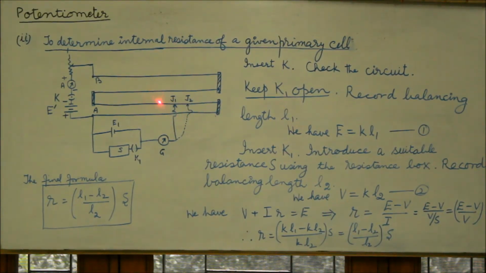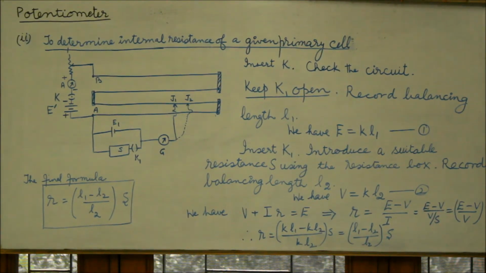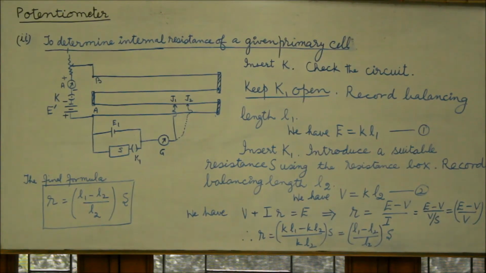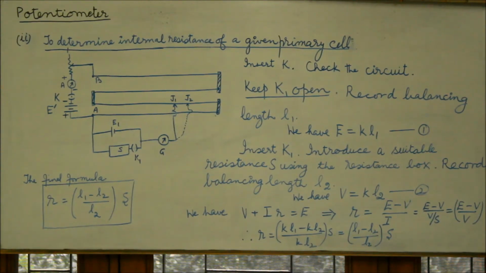When the current decreases, the value of small k, that is the potential gradient, decreases, and the balancing length will increase. If you reduce the resistance, the current will increase. Therefore, the value of k will increase, resulting in a decrease in the balancing length.